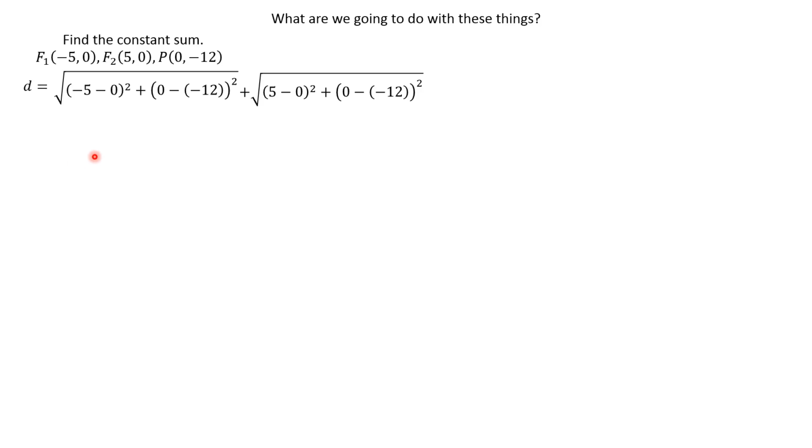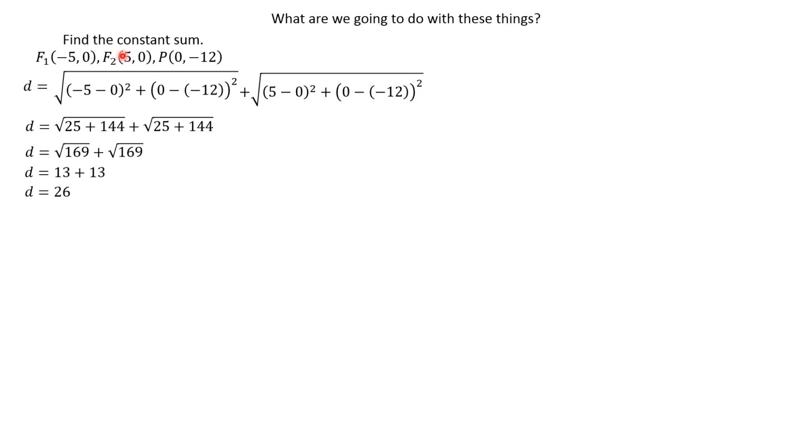Now we just have to simplify. Negative 5 minus 0 is negative 5, squared is 25. 12 squared is 144. And then 25 plus 144 is 169 in both cases. Square root of 169 is 13, and 13 plus 13 is 26.